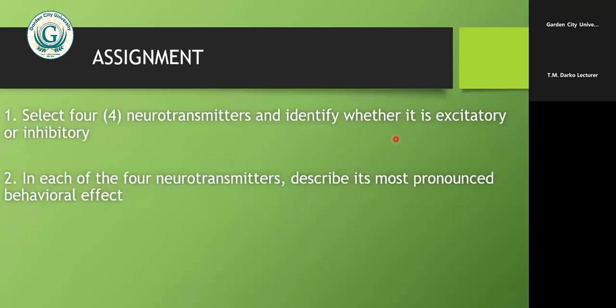There is no neurotransmitter called inhibitory or excitatory. It's a collective term. That's why we said inhibitory neurotransmitters, not inhibitory neurotransmitter. We have various types that are categorized under inhibitory, and other types categorized under excitatory.